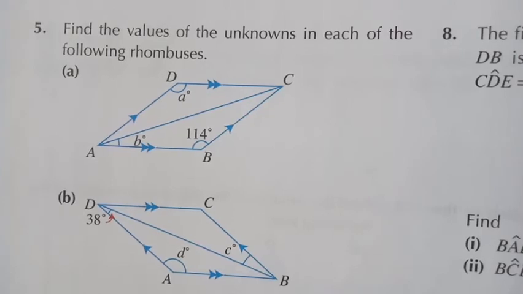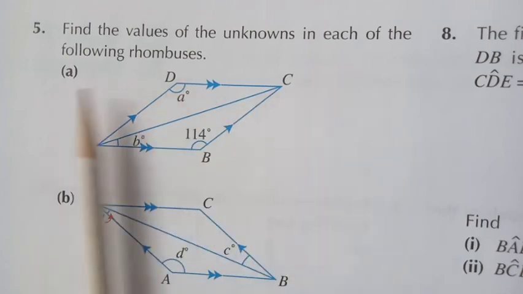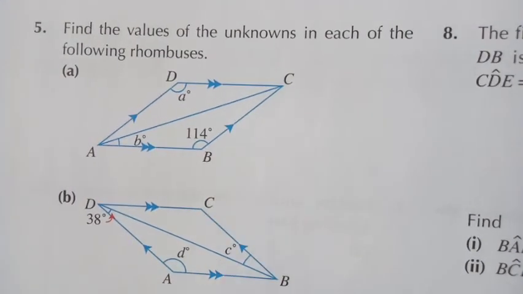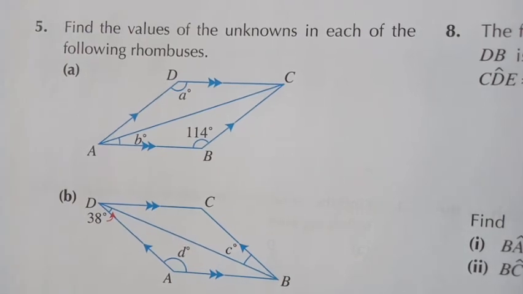Now the statement of fifth question. Find the values of unknown in each of the following rhombuses. These are the three parts where the rhombuses are discussed.